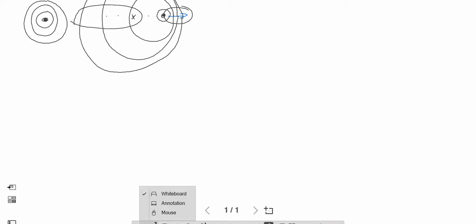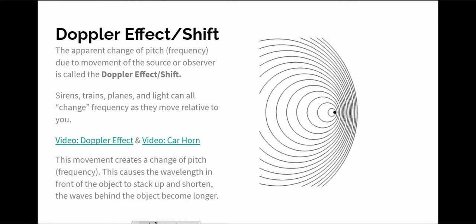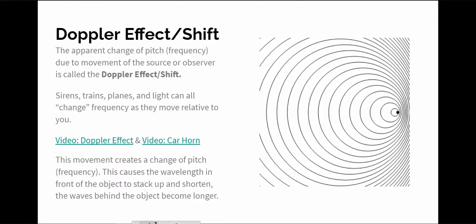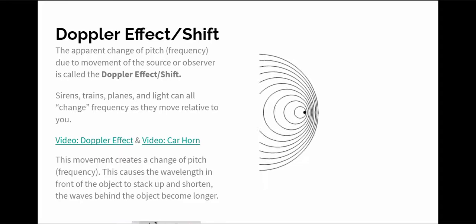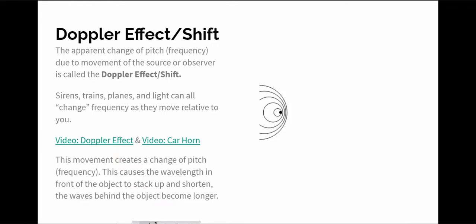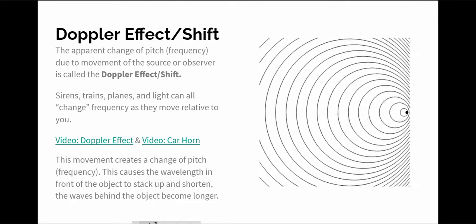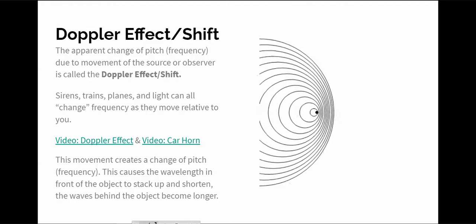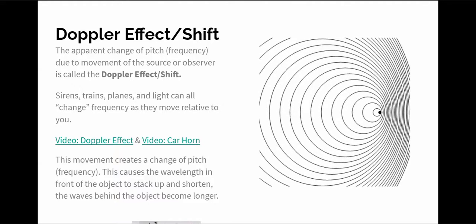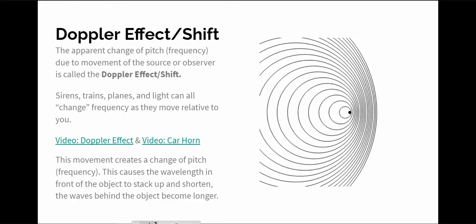So, what does that have to do with this? Well, as this bug moves along, can y'all see how it gets all bunched up in the front and it's further away in the back? The wave that you would see depends on whether it's a water wave, light wave, or sound wave. For example, with a sound wave, a great example of this bunching up is what happens when a plane, train, or car goes by you and you're stationary.